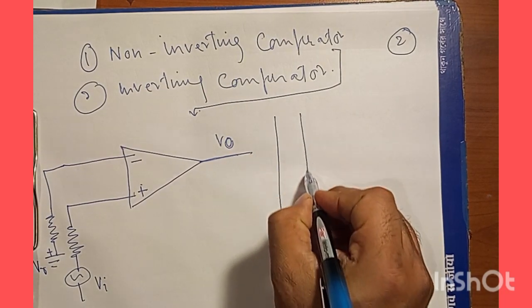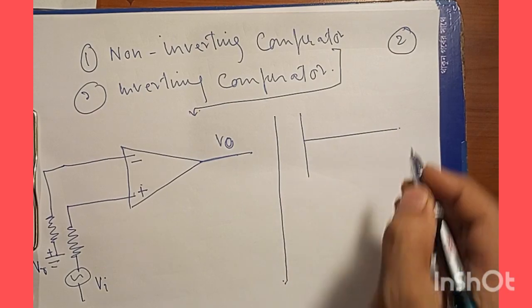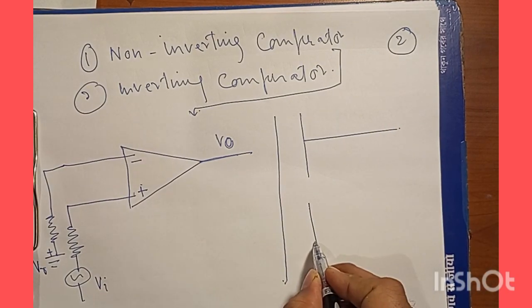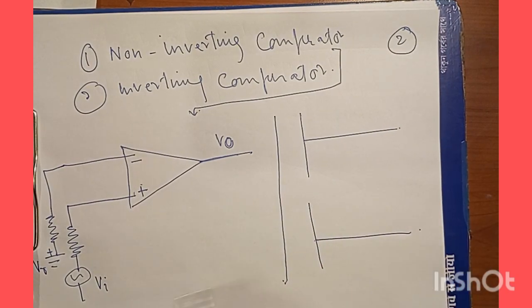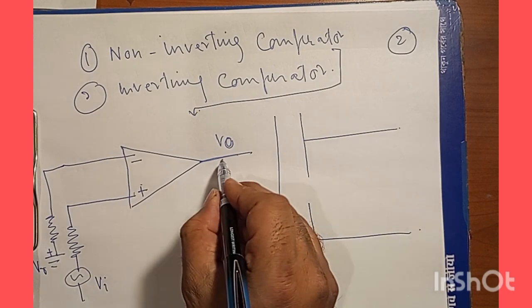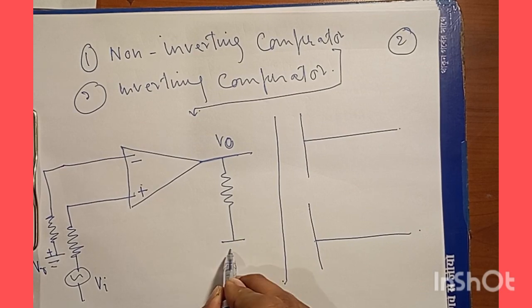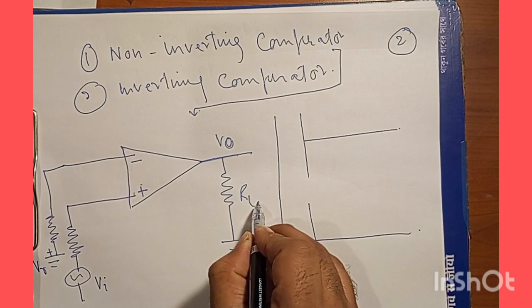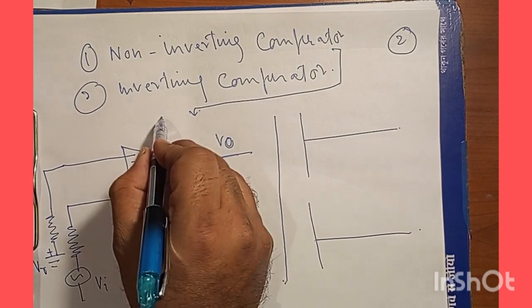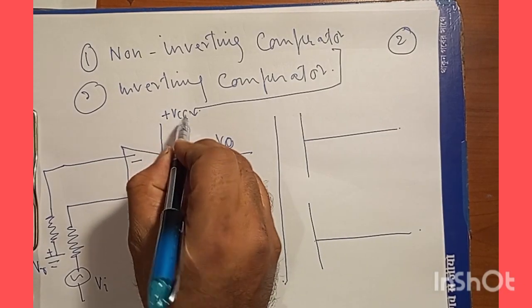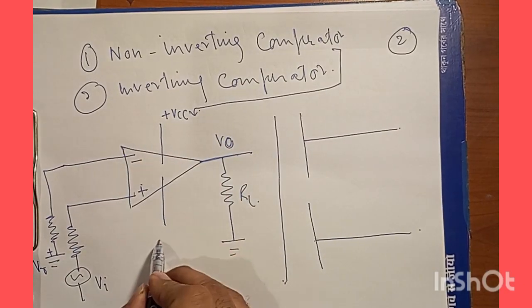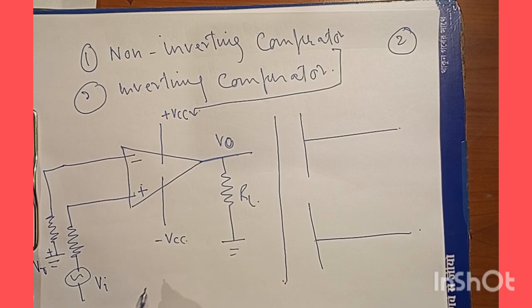Now if I try to seek, what am I going to get here? Okay, and here I will have a load resistance and I will ground it, say this is RL, and here we have plus VCC and here we have minus VCC.